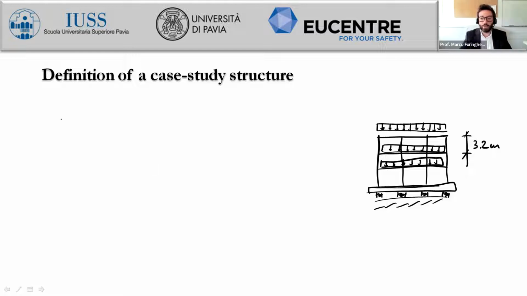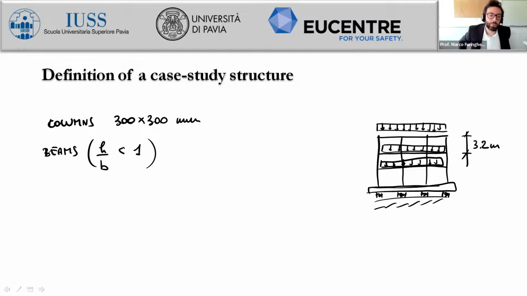Generally, for a 3-story building, we can assume columns of 300 by 300 millimeters. And for beams, let's assume that the ratio of h over the width of the beams is lower than 1.